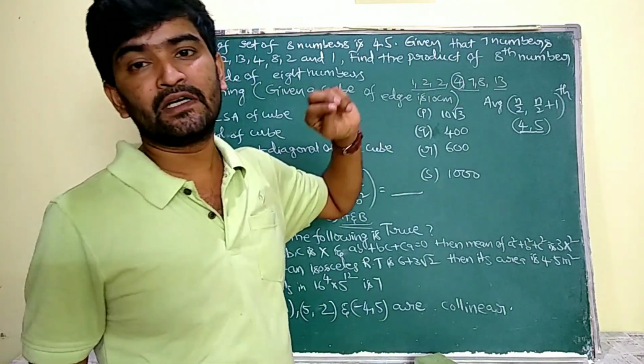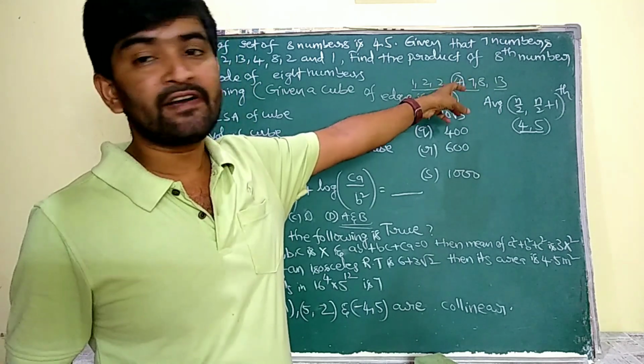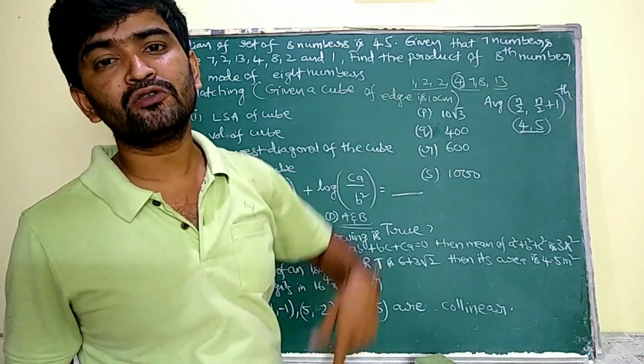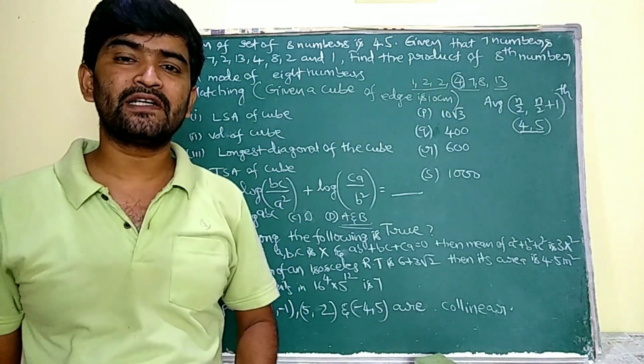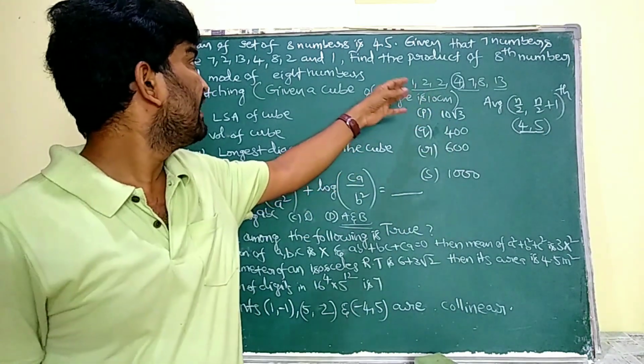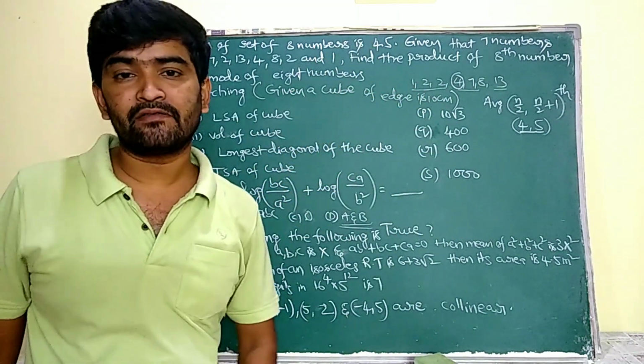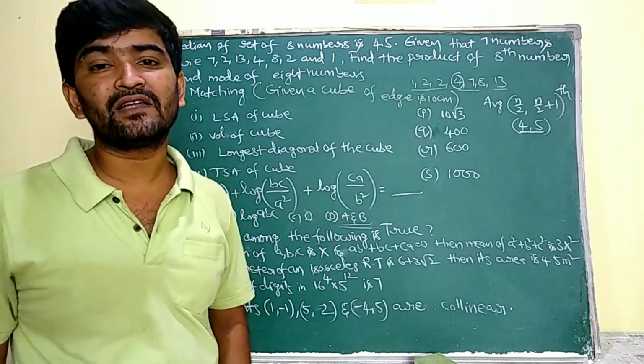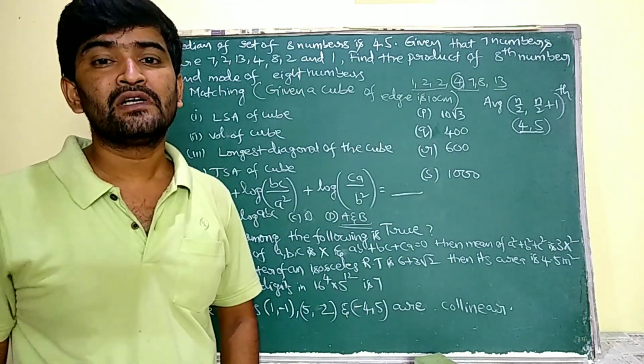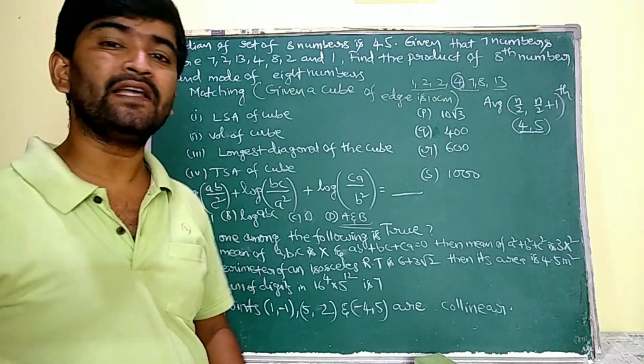The 4th one is 4. Let us suppose 7 is the 5th observation. If I take the average of 4 and 7, that is not equal to 4.5. So 7 is not the 5th one.